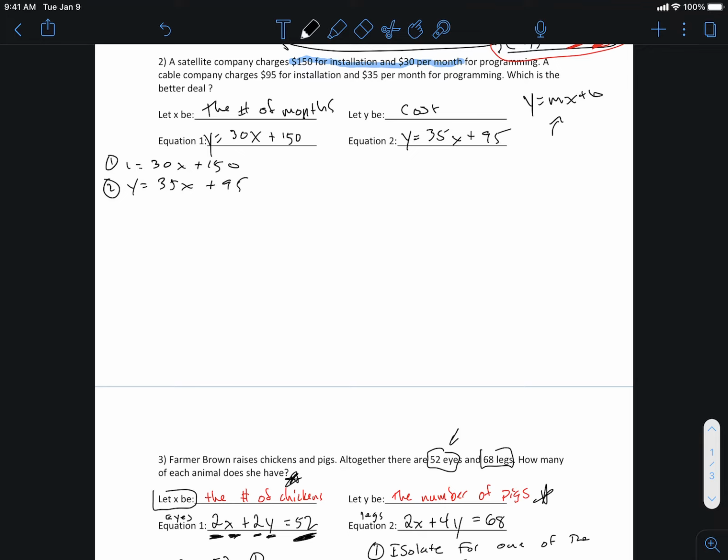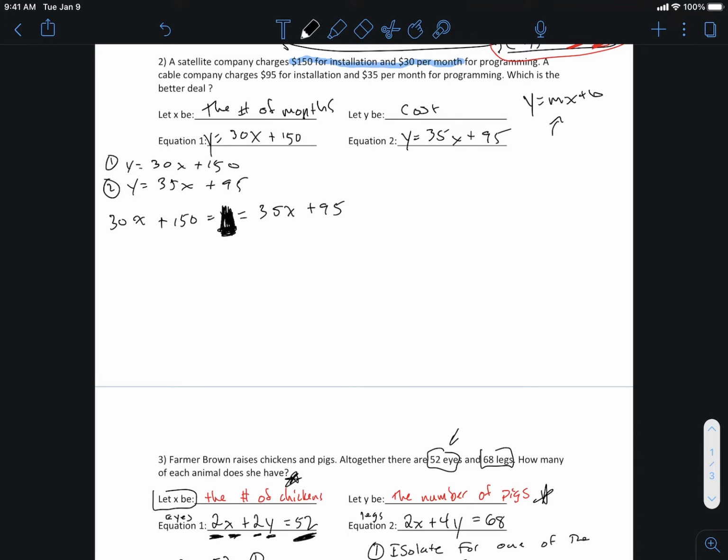Okay, so 30x, I'll write it the same way I wrote it this morning, but I'll try to be a little neater with this. 30x plus 150 is equal to y, which is equal to 35x plus 95. They're both equal to y, and therefore, if I scratch this out, they are equal to each other.